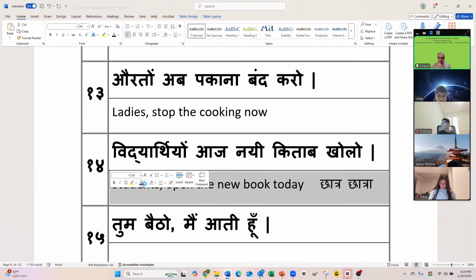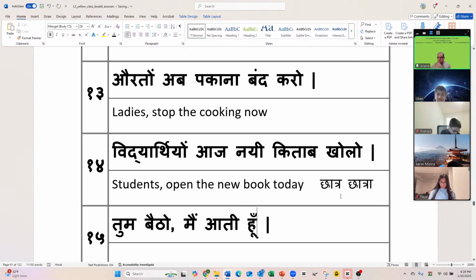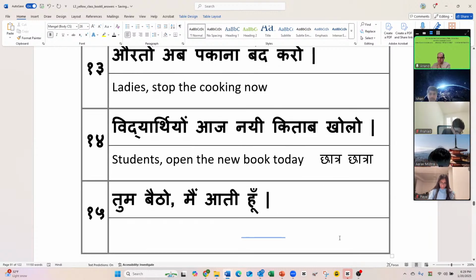Write it down. Another word for students is chhatra, if you want to write that. Male student is chhatra, female student is chhatri. But vidyarthi is also used quite often.